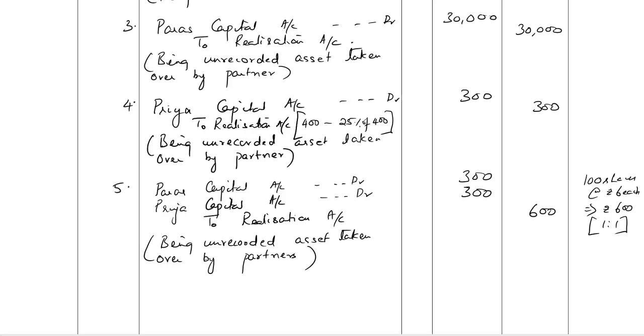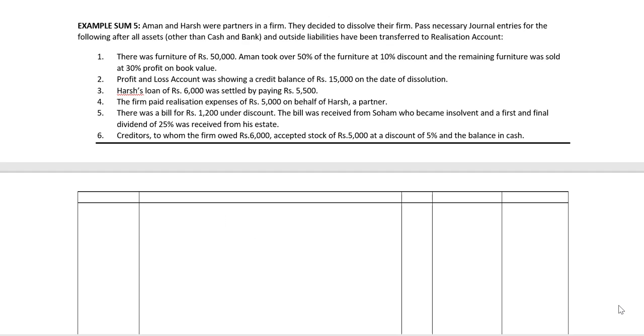We'll go to the fifth example sum. Example sum 5. Amin and Harsh were partners in a firm. They decided to dissolve their firm. Pass necessary journal entries for the following: after all the assets other than cash in bank and outside liabilities have been transferred to realization account. Let's go ahead with the solution.